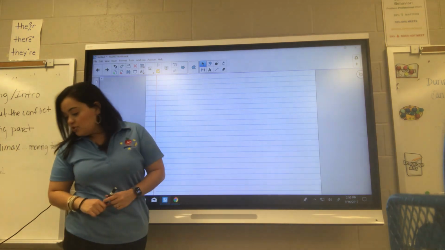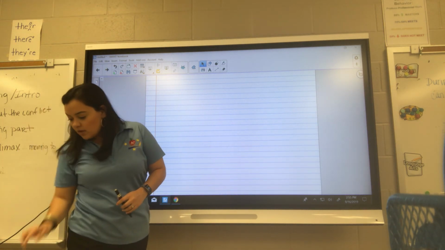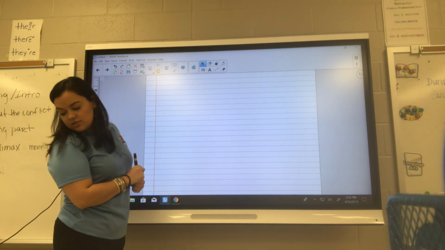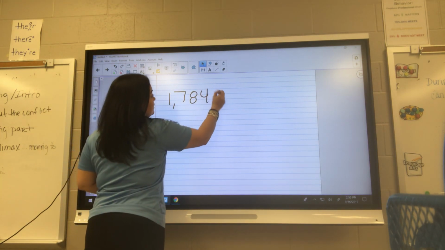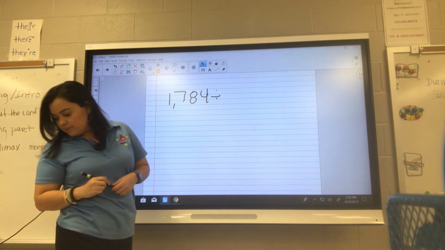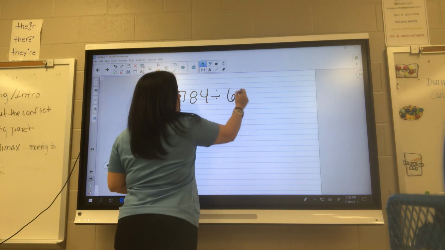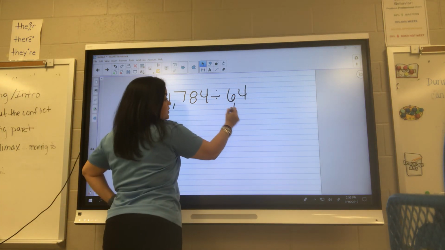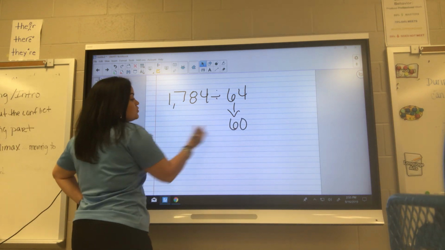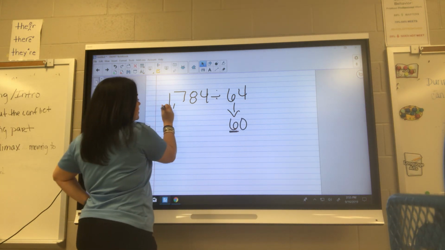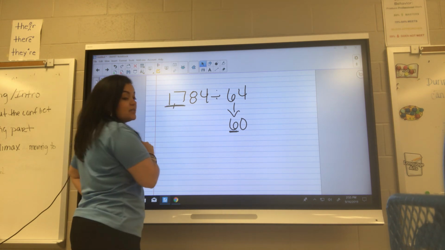Now example number 2. 1,784 divided by 64. Again, I'm going to move this over to 60. I'm going to be looking at these two numbers, which is 17.